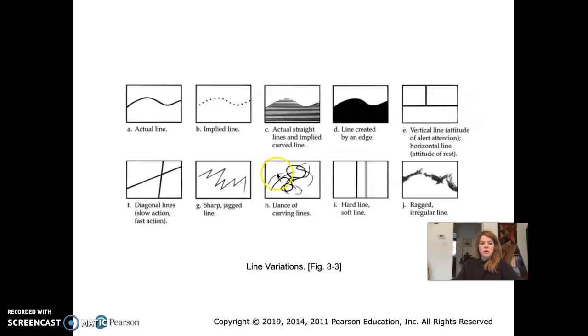Diagonal lines can kind of imply action or motion. And the more diagonal it is, it can kind of vary the amount of action depending on the angle of the diagonal. So sharp and jagged lines can also imply movement and maybe an agitated state of mind.